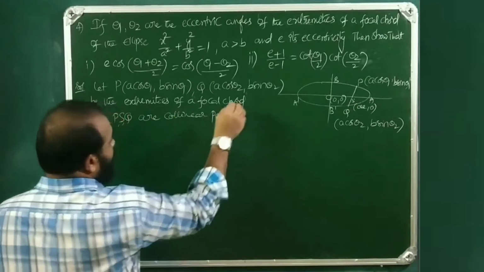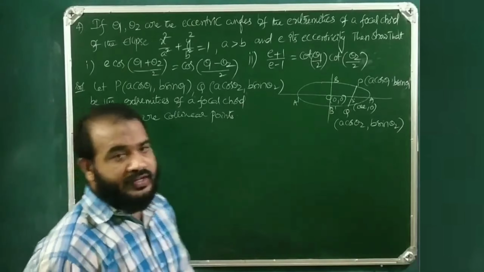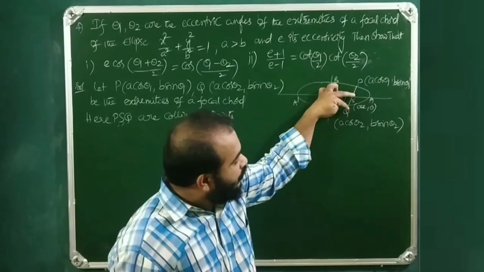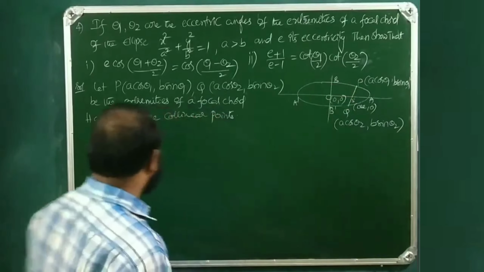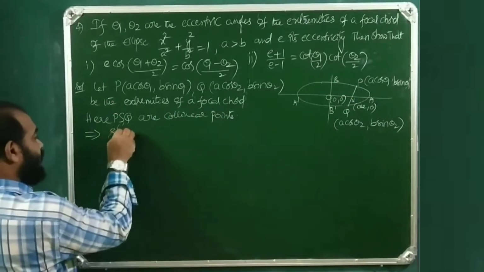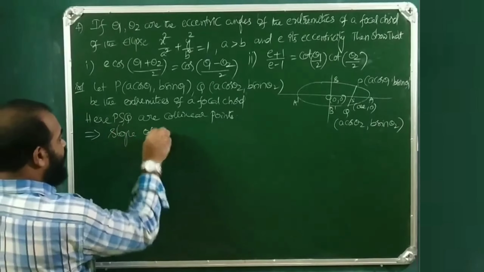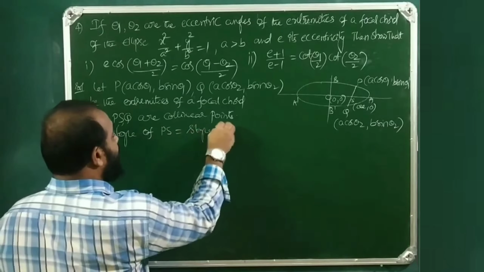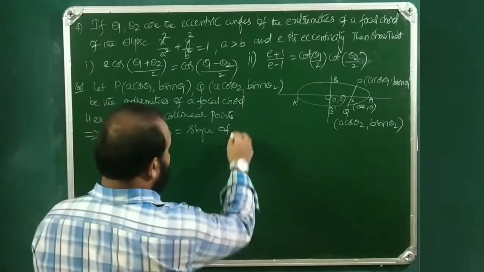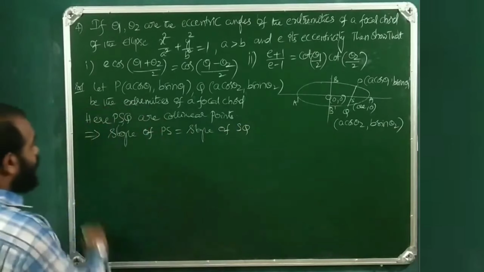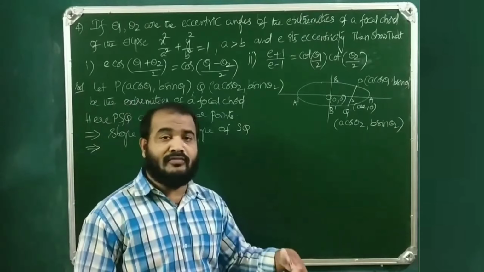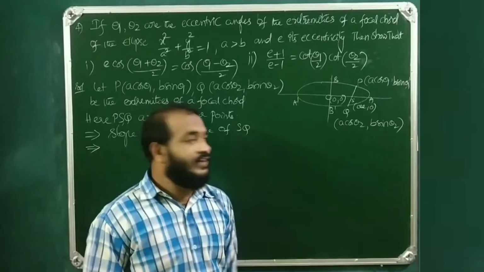So, what is the property for 3 points to be collinear? The slope of these 2 points is equal to the slope of the other 2 points. That means slope of PS is equal to slope of SQ. What is the slope? Difference of ordinates, y2 minus y1, by difference of abscissae, x2 minus x1.